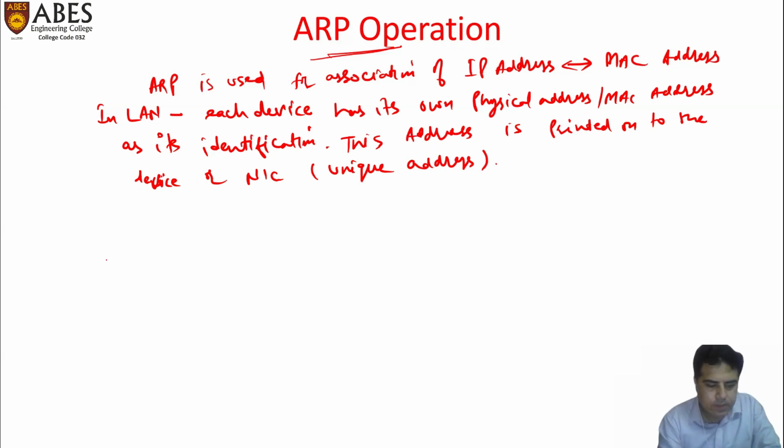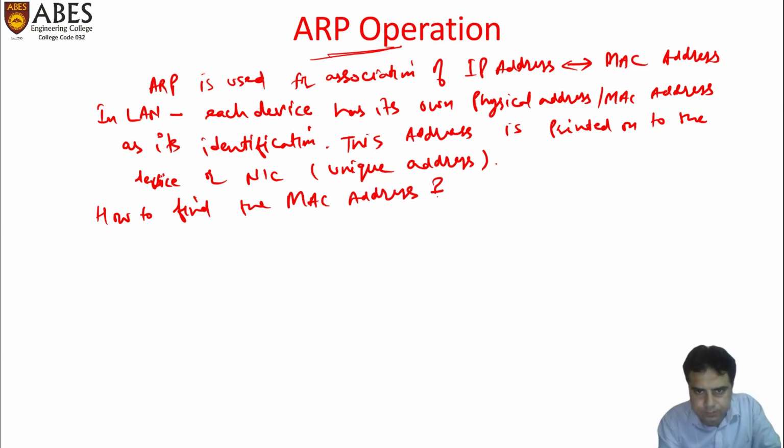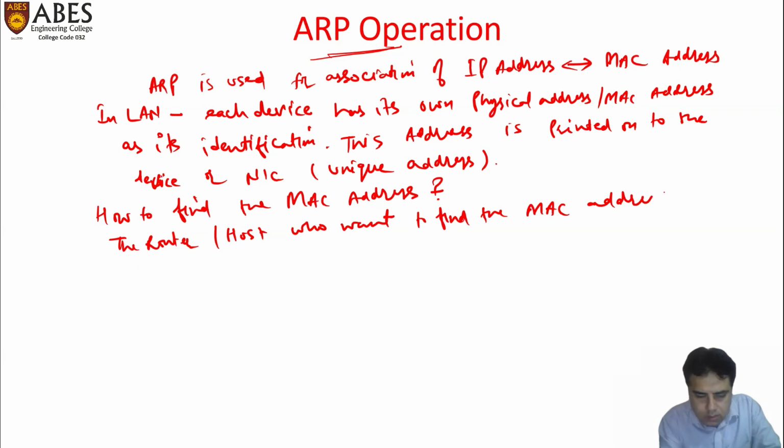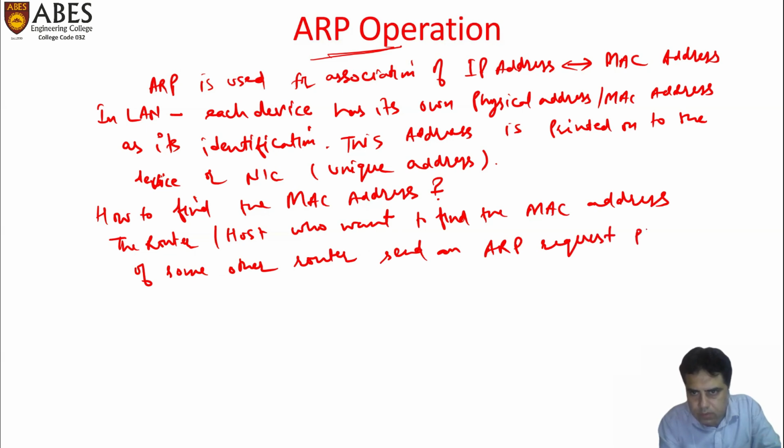Now, how do we find the MAC address? The host that wants to find the MAC address of some other host sends an ARP request packet.